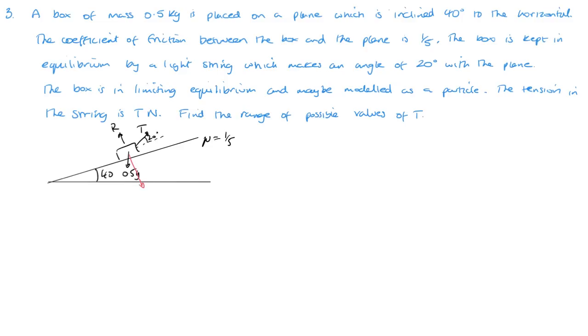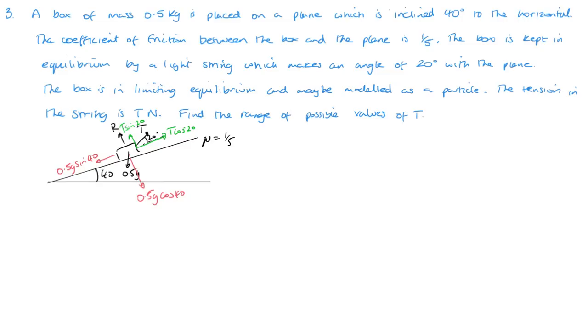But for now, let's resolve these forces. So 0.5 G cos 40, 0.5 G sine 40, and then for T we've got T cos 20 and T sine 20. And then we'll have friction, but it'll be acting in kind of two directions.